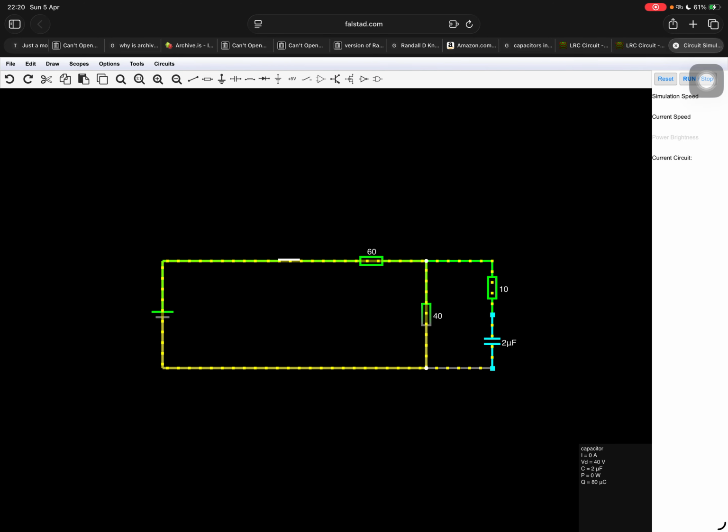But when I open this and click the capacitor again, it is 0 volts now. So the capacitor is discharging after the switch opens, from 40 volts to 0 volts.